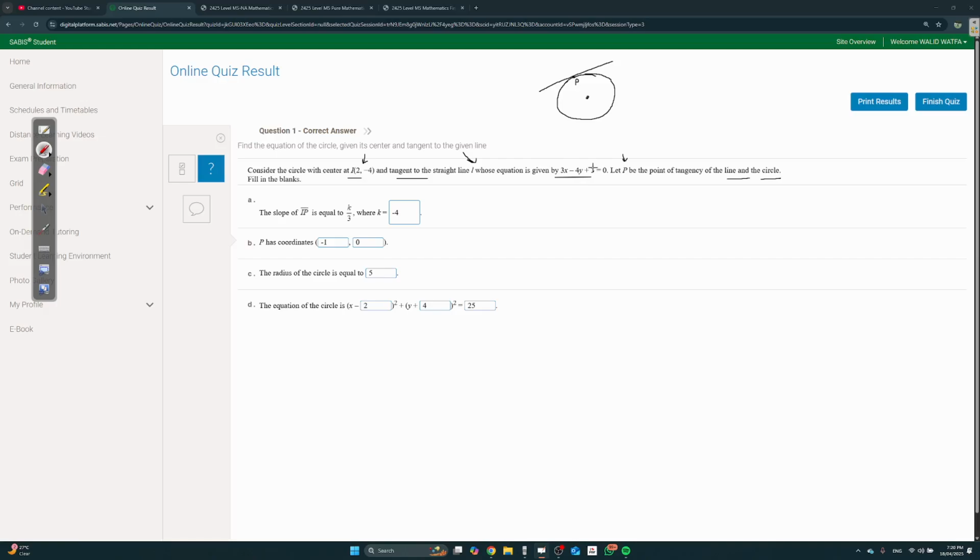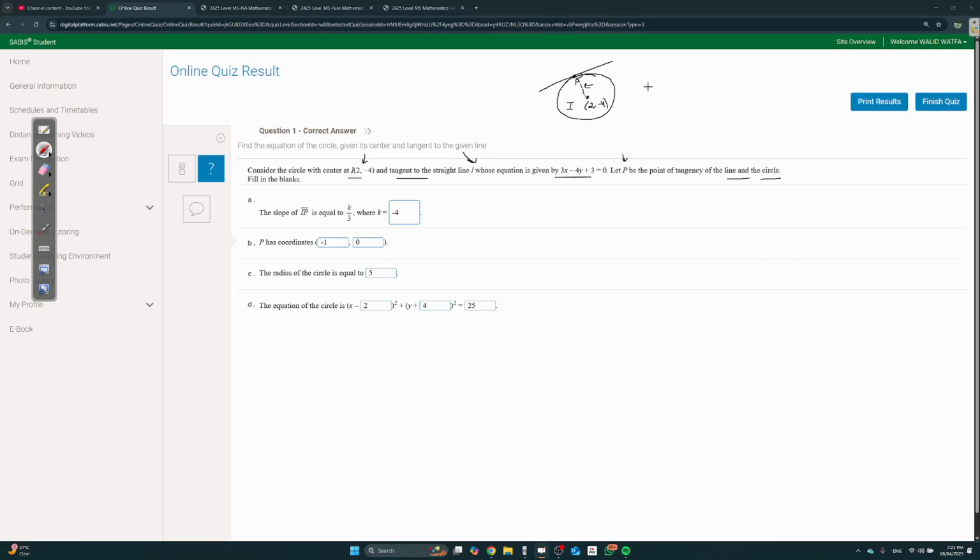So we have the center over here, which is at 2 minus 4. Nice. So we want to find the point of tangency. How do we do that? The first thing we always do when working with tangents is we try this method, finding the slope of the radius, which is perpendicular to the tangent.